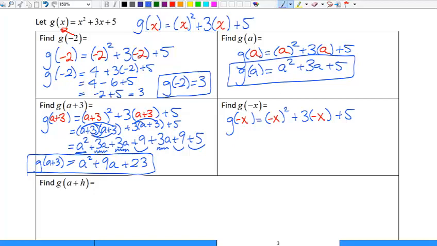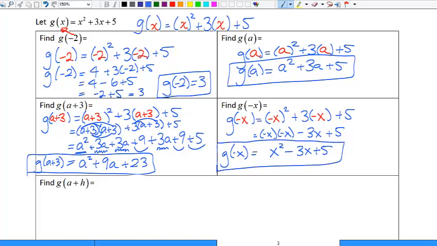Okay, so when I take negative x squared, that means negative x times itself, which turns out to be positive x squared. A positive 3 times a negative x is a negative 3x, and 5 doesn't have any change to it. So therefore g of negative x is equal to x squared minus 3x plus 5.